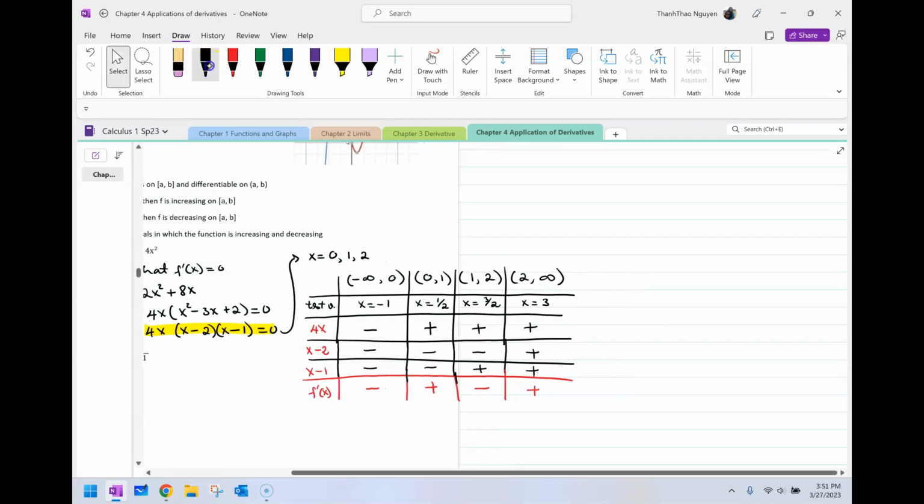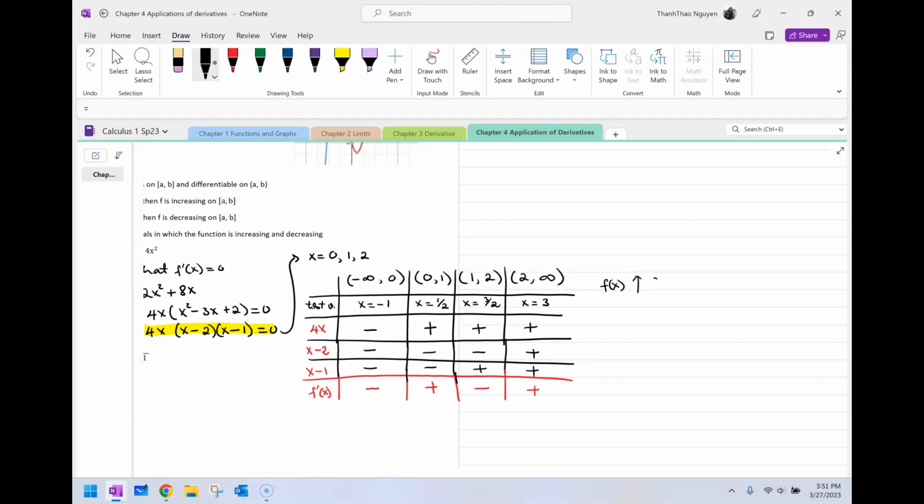This concludes that f of x is increasing in the interval 0 to 1, union 2 to infinity. F of x is decreasing in the interval of negative infinity to 0, union with 1 to 2.